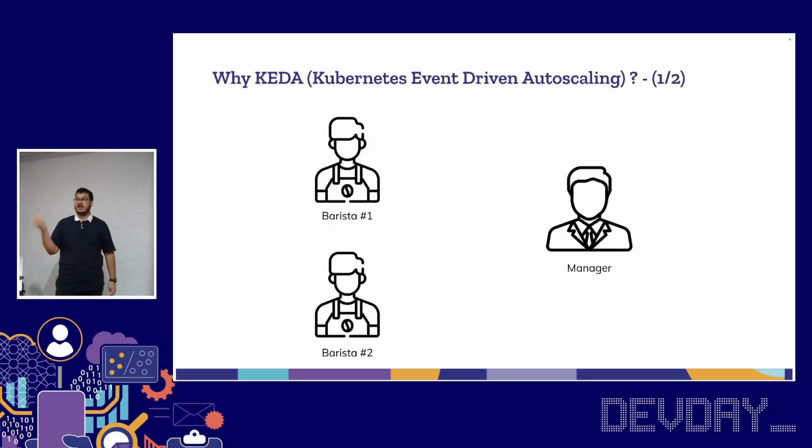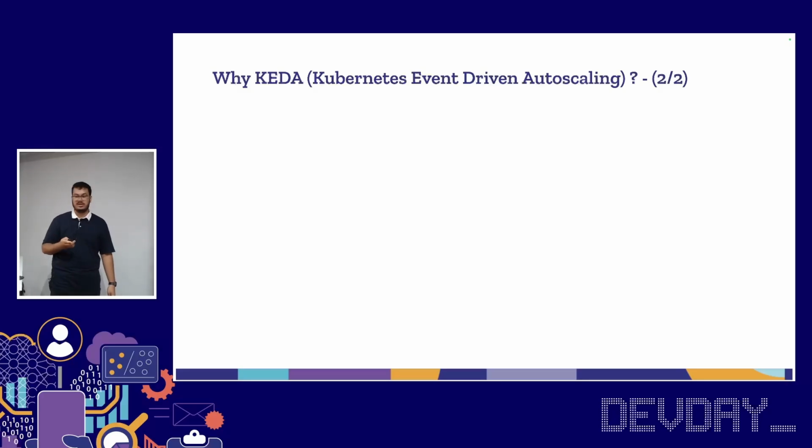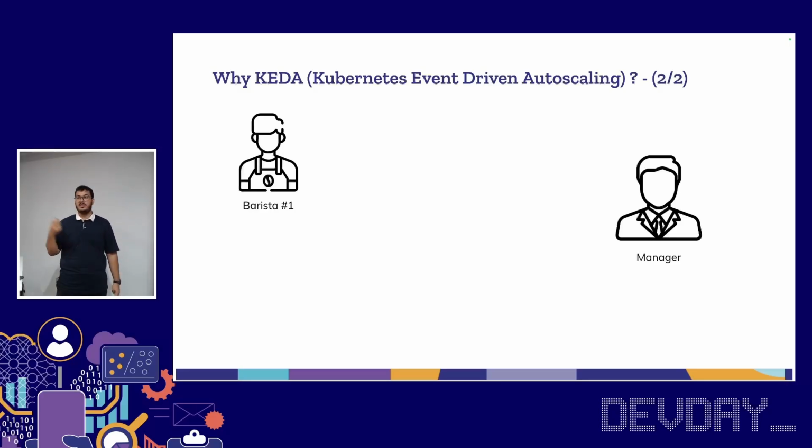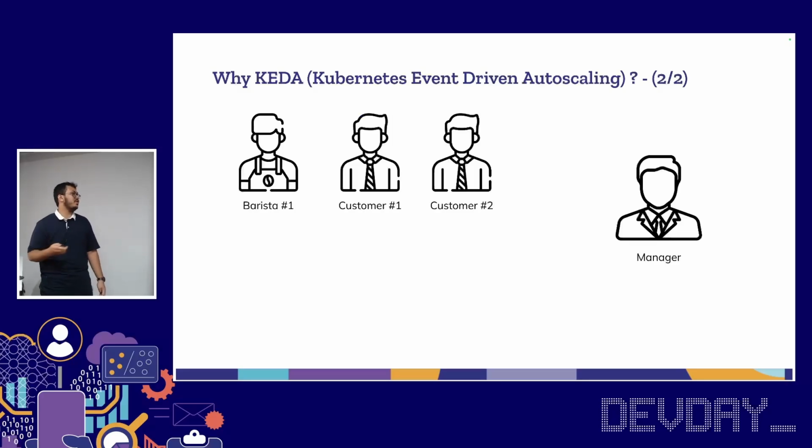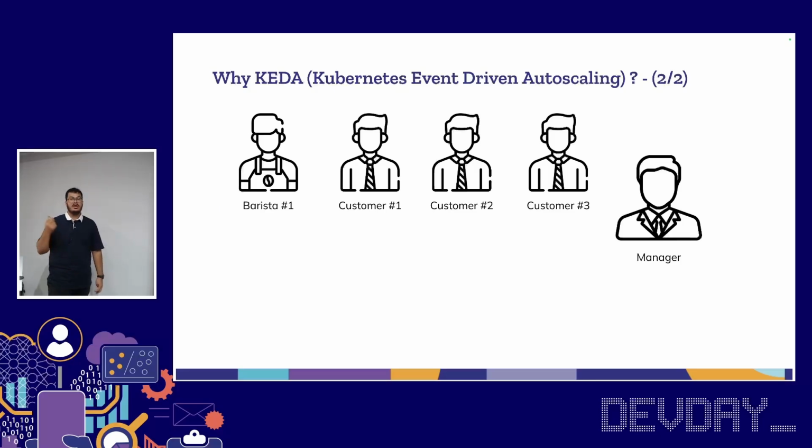Now, wouldn't it be better to preemptively assume a new increase in the number of coffees and add a barista preemptively? Well, this is what KEDA does. If you have a barista and a manager, and you keep on getting new customers, your manager, instead of looking at how stressed out the barista is, would instead keep track of the number of customers.